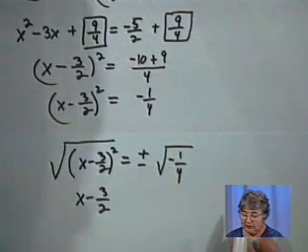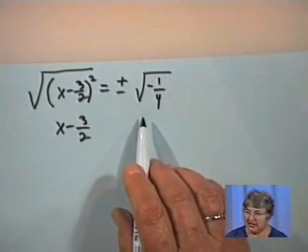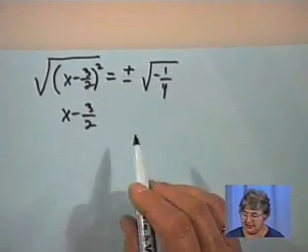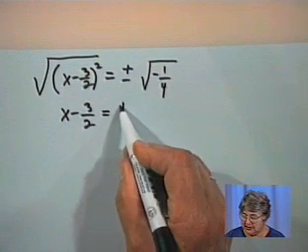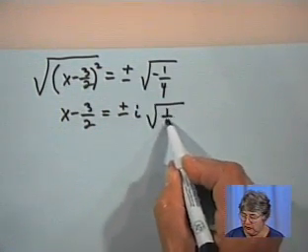Okay. Notice that we've got a non-real number inside the radical, but that's okay. We can work with complex numbers, so that's no problem. Okay. Times the square root of 1/4.